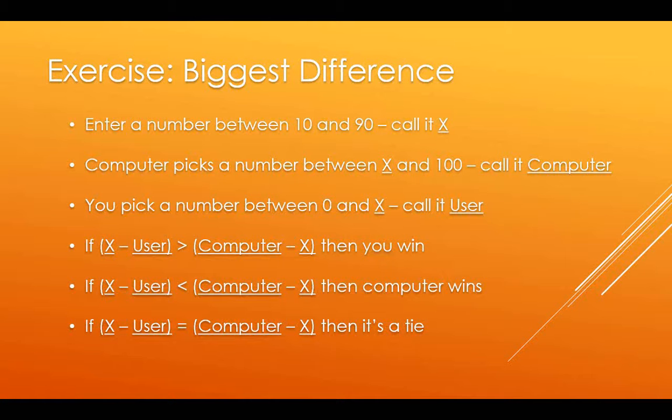So it said please enter between 10 and 90, but if you put in 500, it would just carry on trucking and work out whatever it wanted to. We are going to cover validation in a later lesson, but it's just important to highlight it here, that even though it asks you something, you're under no obligation to do what it asks you to do.